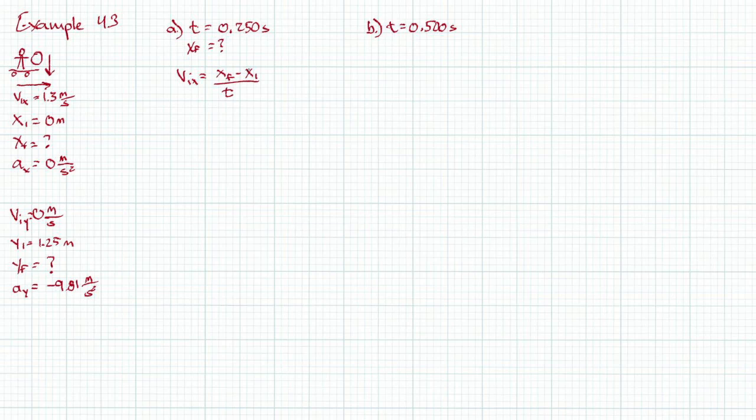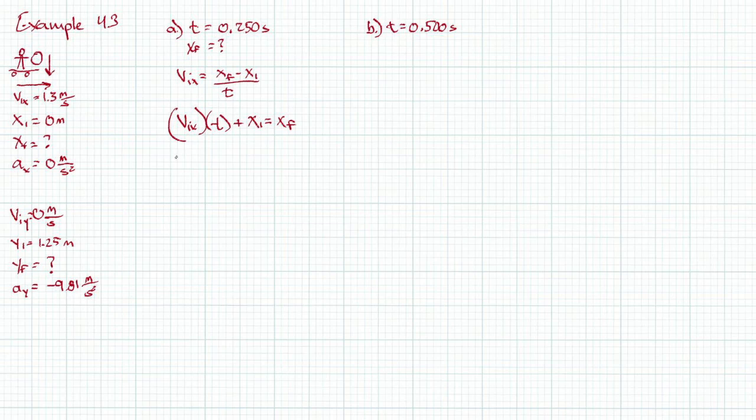The velocity is displacement over time. So we should definitely be able to solve for our final x right here. So I'm going to multiply the t, bring that up next to the vix, and then I'm going to subtract the xi. So v initial in the x direction times t plus xi, right? We're going to add that to both sides. x initial equals x final.